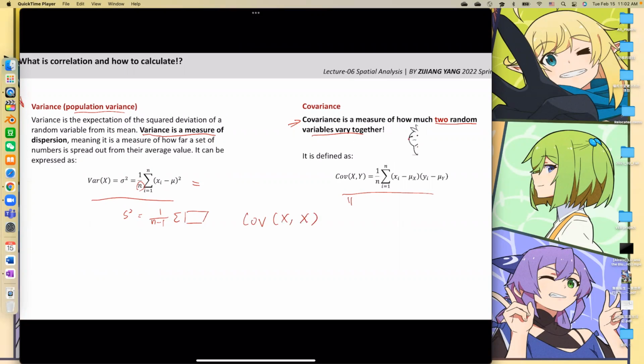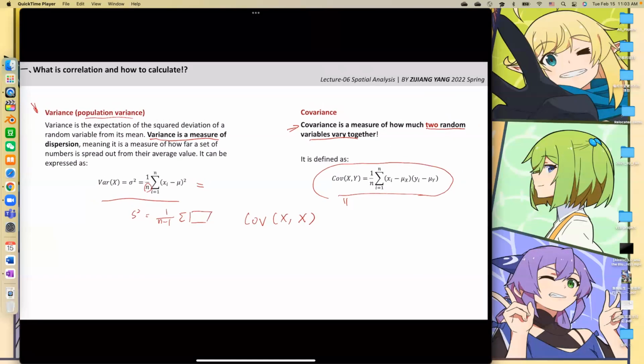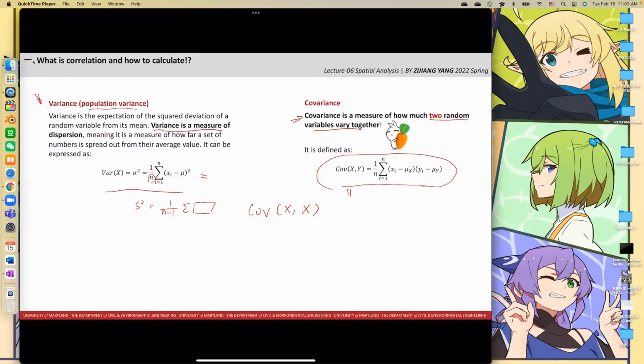So if we replace this y with x, then covariance will become variance. So variance is a special case of covariance when x and y are the same thing. And the formula of covariance is this. By knowing this formula, we can do the calculations.